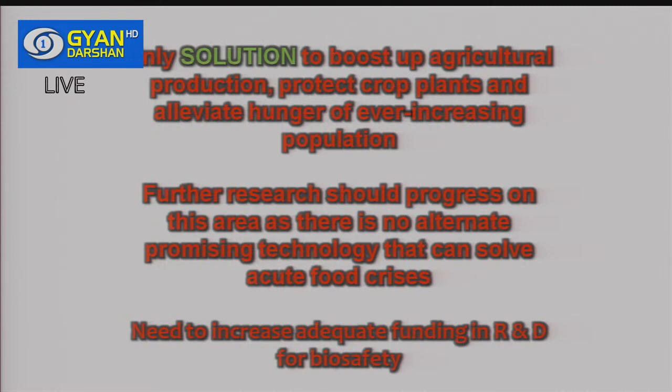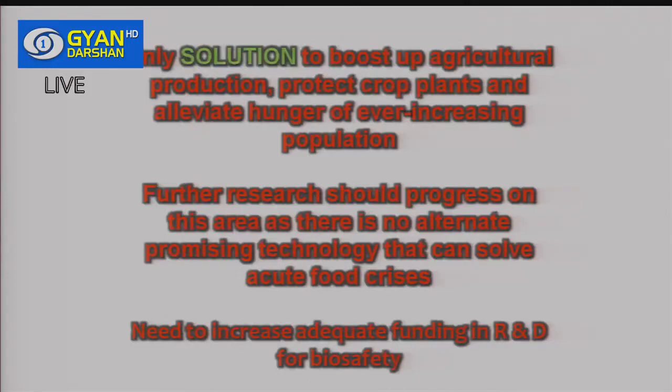Because if you see very scientifically, you don't have any other alternative technology, because plant breeding or hybridization takes a lot of time. You have to go on selfing, you have to go on crossing, go for the back crossing, and it takes several years to generate one particular product.